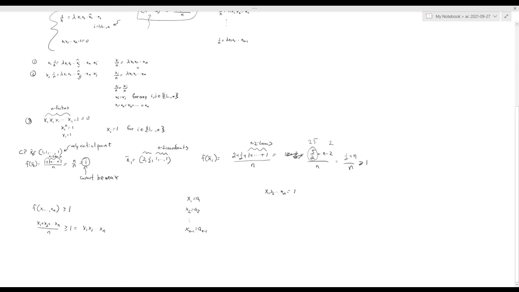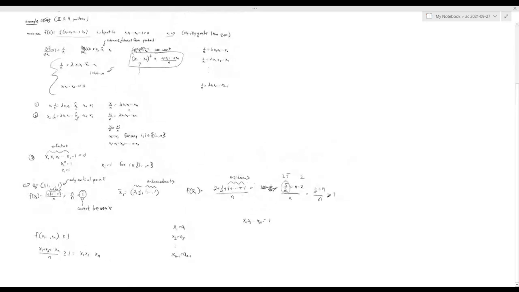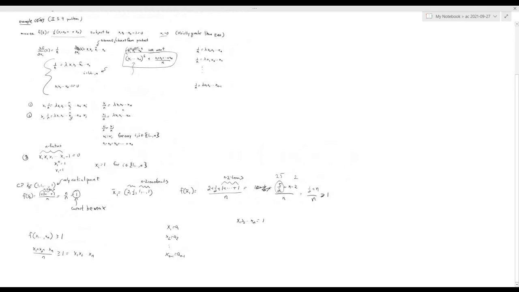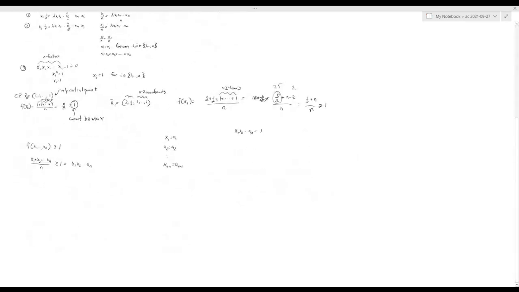It's almost there. I might have to redo this later. But it's almost there, right? I'm missing an n in the denominator. If you take the nth root of both sides, you're going to get the geometric mean on this side. You should be getting the arithmetic mean on the other side.